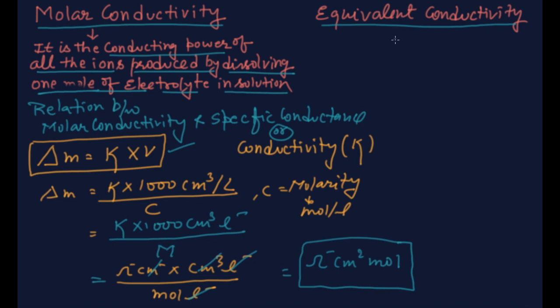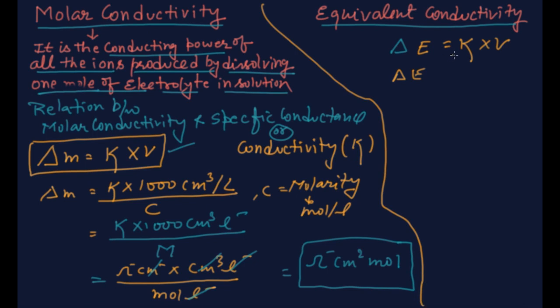Now come to the term equivalent conductivity. In equivalent conductivity, the symbol is lambda E. Lambda E is equal to kappa into V. Here the unit of kappa is ohm inverse centimeter inverse, and V is 1000 centimeter cube per liter.